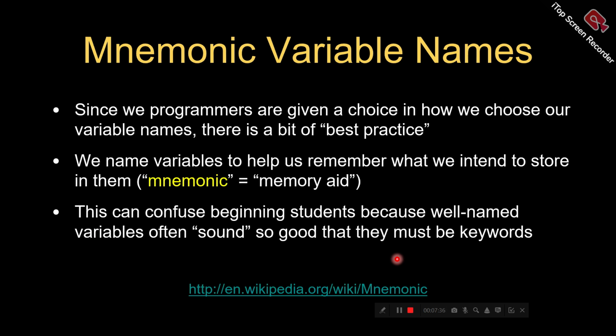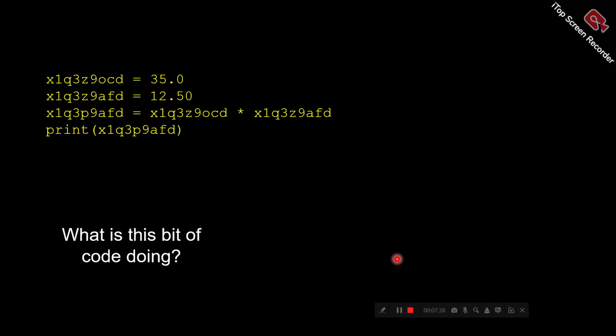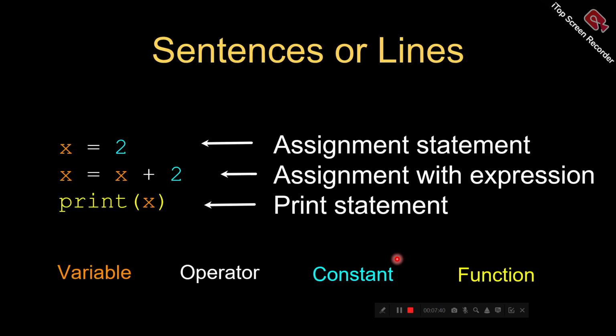Okay, so many variable names, that's not required. Now next is sentences or lines. Yesterday also we saw this is our assignment statement. An assignment statement is basically when you assign some value to a variable. Then there is assignment with an expression.